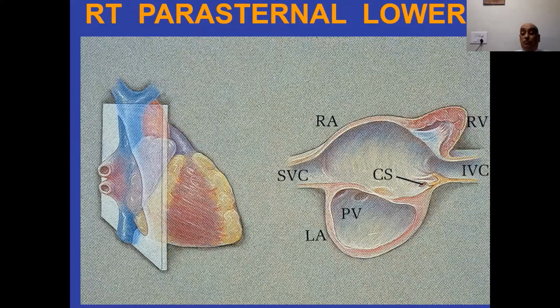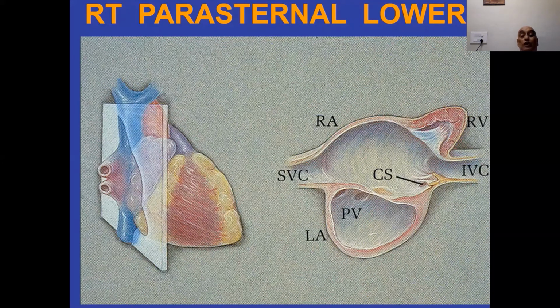You turn the patient to the right side and you place the transducer index mark at about the 1 o'clock position, and you image the right atrium anteriorly, the left atrium posteriorly, in between that the atrial septum, and you also image the SVC and the IVC. So that is another view to image the SVC and IVC. This view is more easily obtained in children and young adults. Many times in older patients it's not that easy to obtain this view.